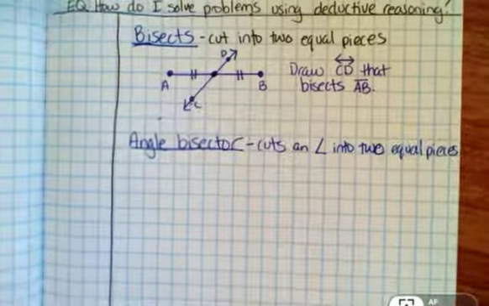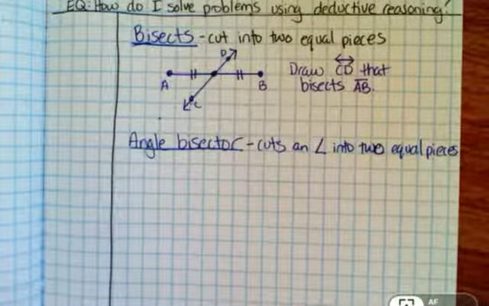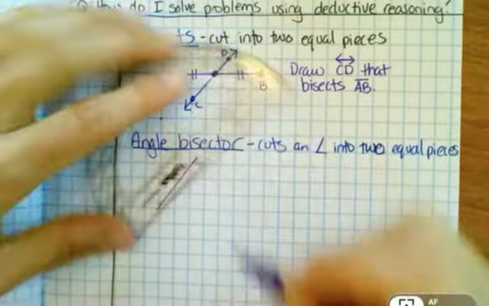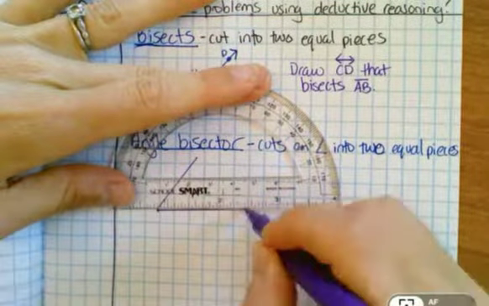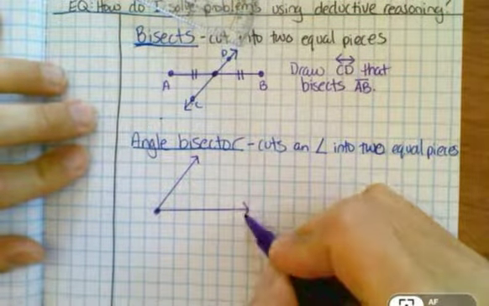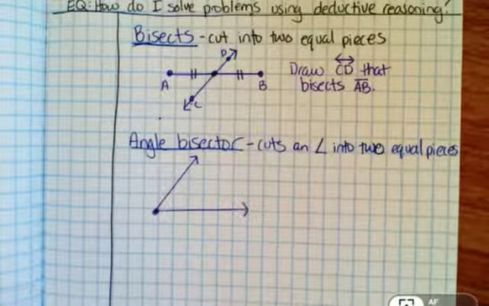And I do want to take the time to draw that because I haven't shown you yet how to show congruence in angle measures. So let's draw an angle. Okay, two rays with a common endpoint. And let's draw an angle bisector.